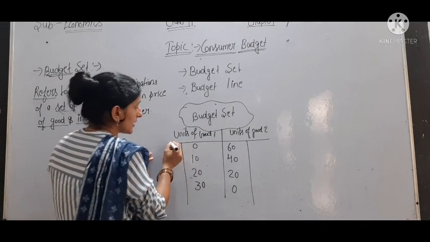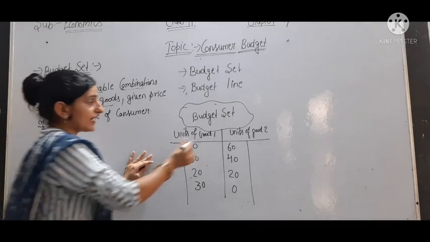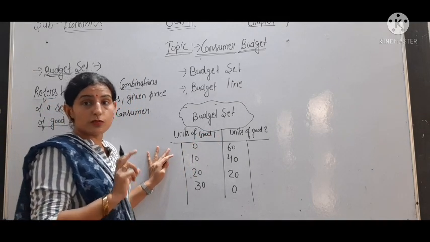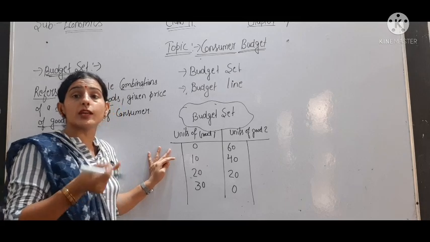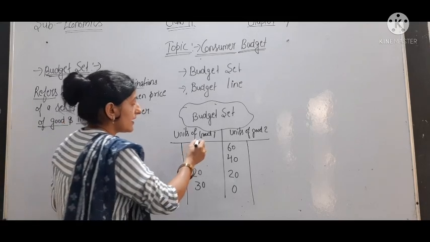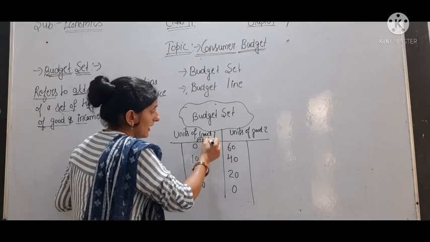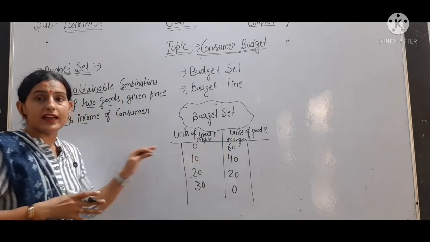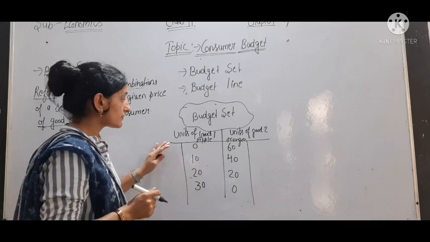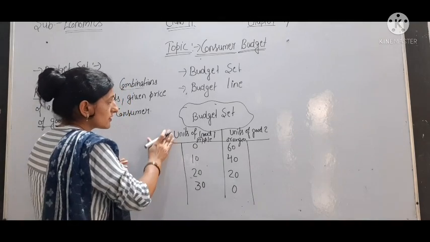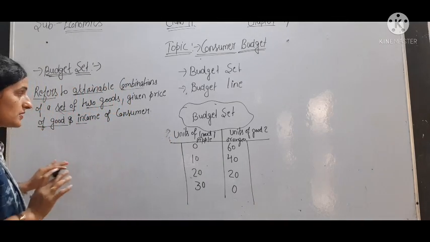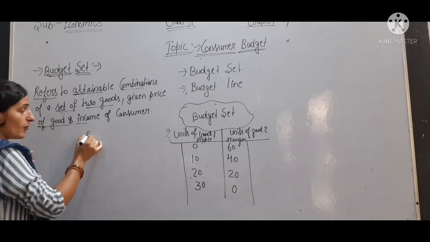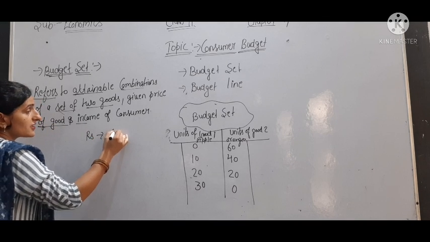You can see in the table, units of good one are given, meaning how much quantity of good one the consumer is consuming, and we can give the names of the goods, like here apple and here orange. Here the consumer is taking apple and here orange. So two goods are given, and suppose the income of the consumer is also given. The budget of the consumer is 60 rupees.